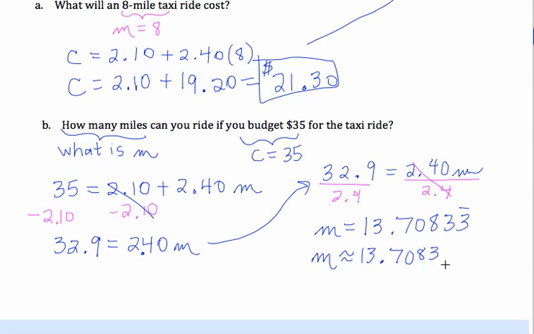You could answer, you can go 13 whole miles. I would probably answer you can go about 13.7 miles, because that seems like a good place to cut it off right there. Nobody really thinks of miles more precisely than 1/10 decimal place anyway, so.